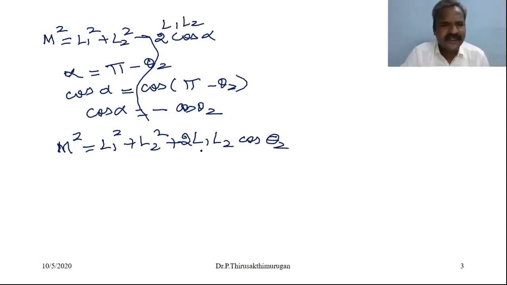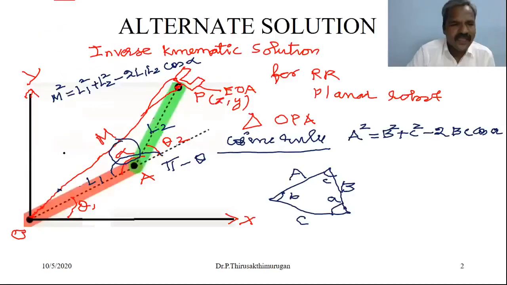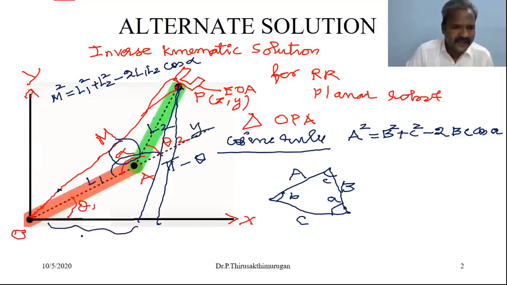Now in the whole triangle, this length is y and this length is x.